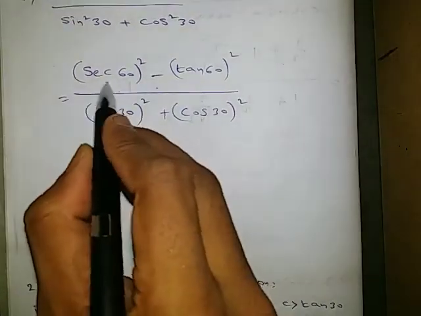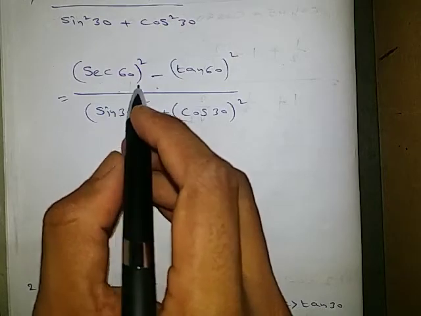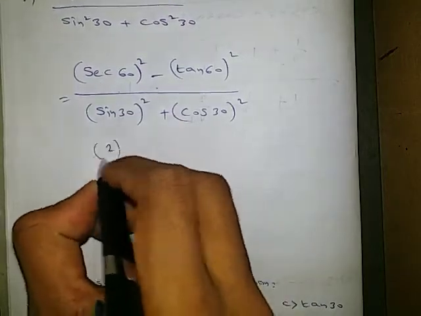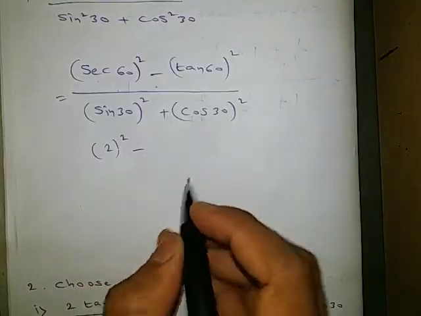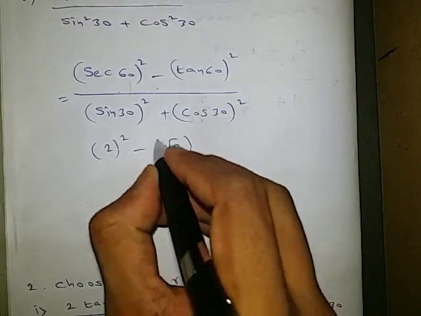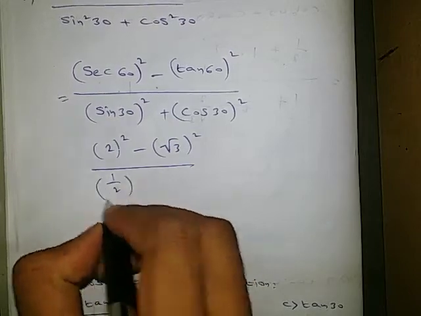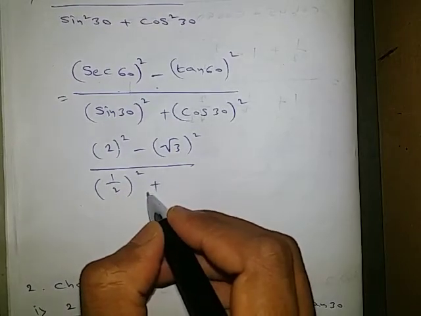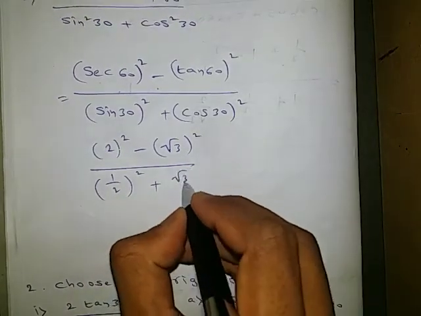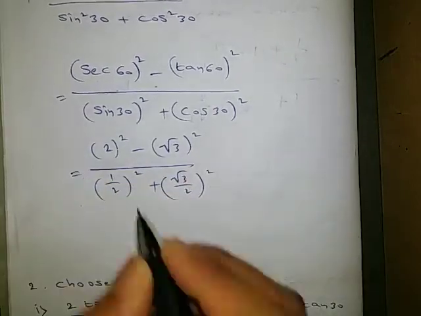Next, secant 60, that is 2, whole square, minus tan 60, root 3, whole square, whole divided by sin 30, 1 by 2, whole square, plus cos 30, root 3 by 2, whole square.